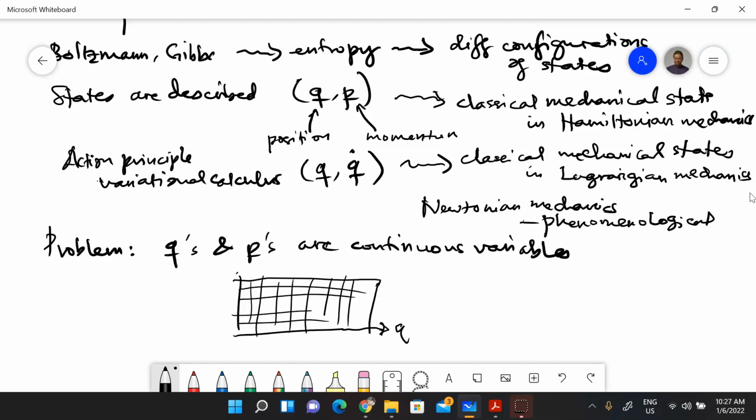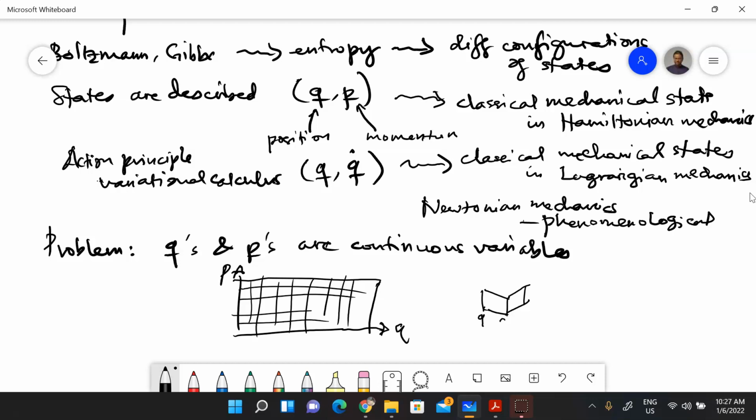So here's your Q and here's your P. But really in the 3D case, each of these grids, so to speak, is really a box. For the case of a position, this would be Q.